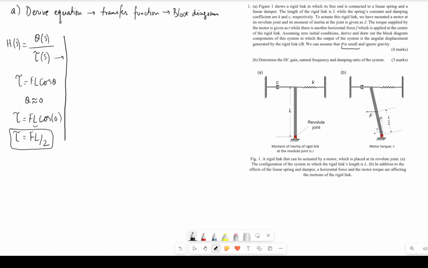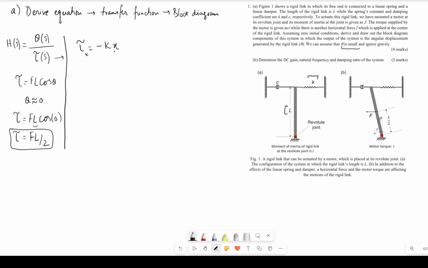Now we need to find the torque due to spring, and we know that the torque due to spring is equal to minus the distance. With force it was L, but with spring it's K. And with spring there is always a negative sign, and we write X with it, right?